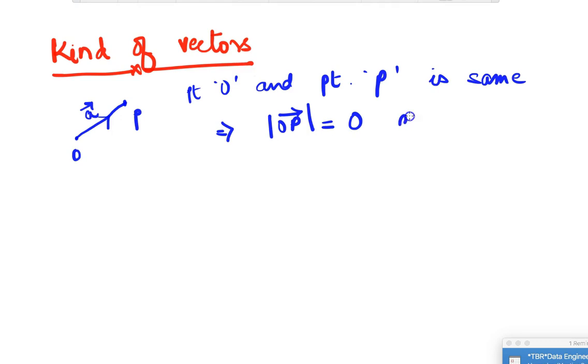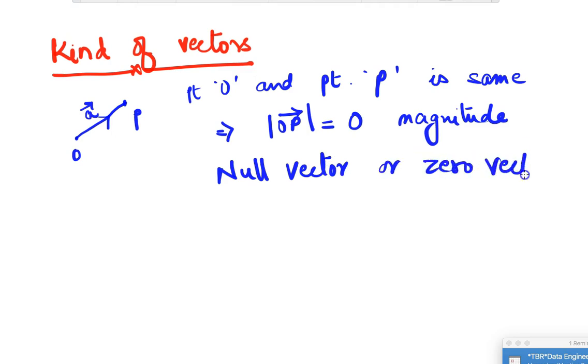That is, the magnitude of the vector is 0. Such vectors are called null vectors or zero vectors. In principle, any point is basically a null vector, and it's very difficult to define the direction of the null vector. However, the concept has been defined in mathematics, so we call it null vector or zero vector. It is represented by 0 with an arrow on top of it.